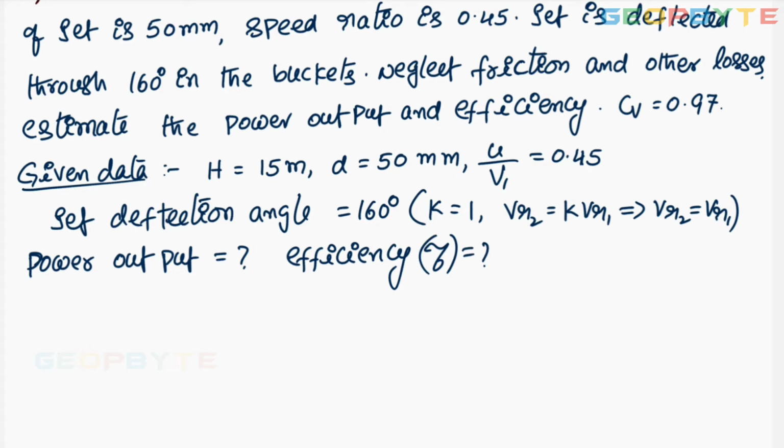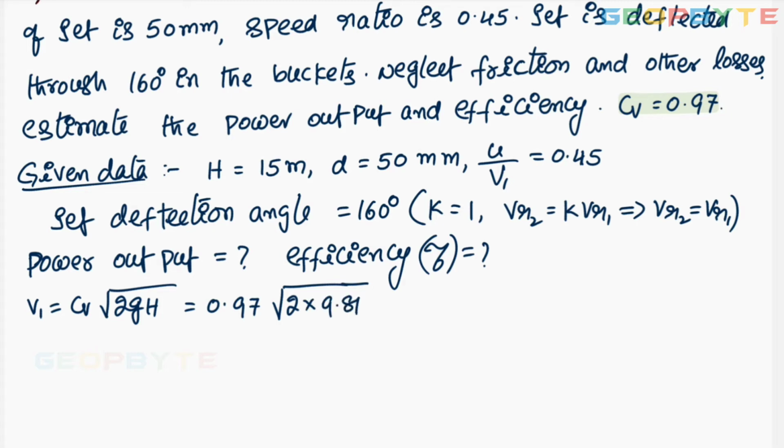Now first let us find the V1. Jet velocity equal to CV into root 2gh. CV is given, 0.97, into root 2 into g 9.81 into h.